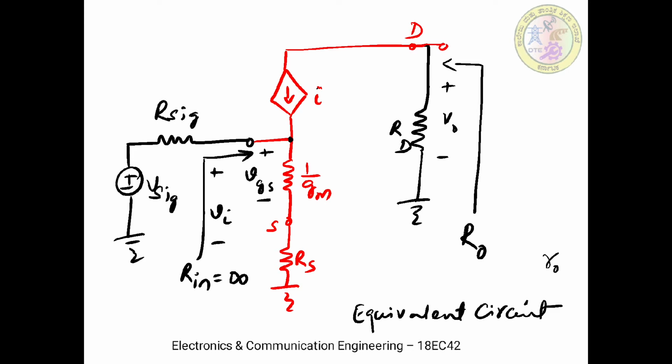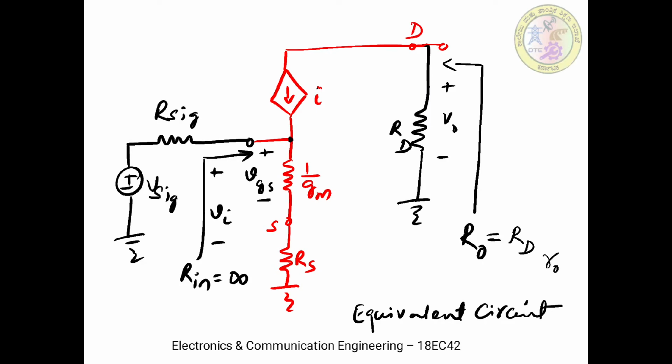As Rin is infinite, the complete V signal will be coupled at the amplifier input, thereby Vi will be equal to V signal. And also here R0 will be simply equal to RD. By looking into the amplifier output terminal, what we see is output resistance R0 is equal to RD.